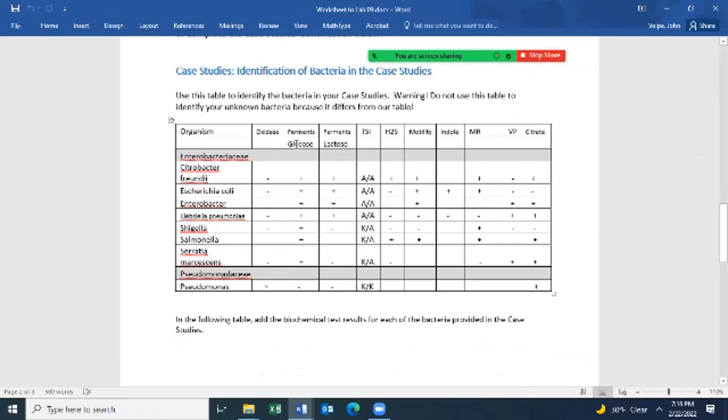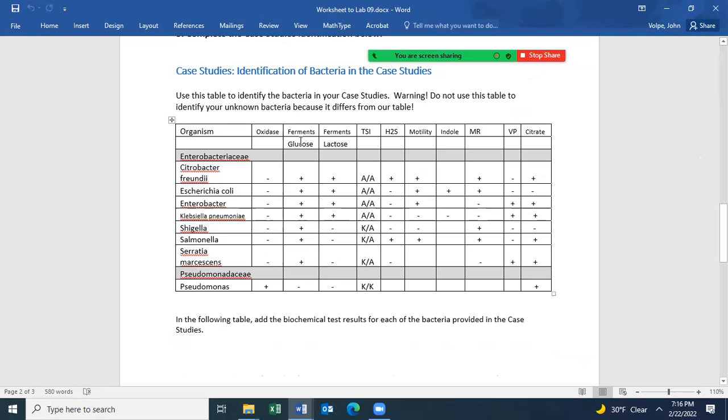You use this table to identify the bacteria in the case studies. Do not use this table to identify your unknown bacteria in the unknown project. Only use this table for the case studies in lab 9.